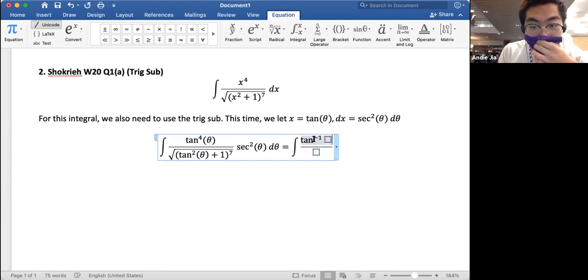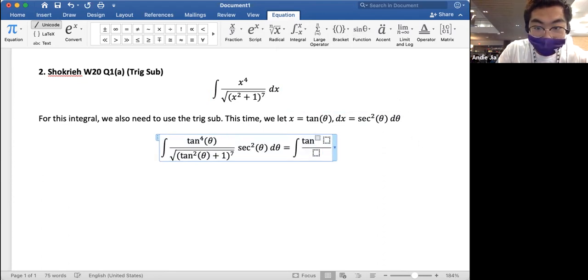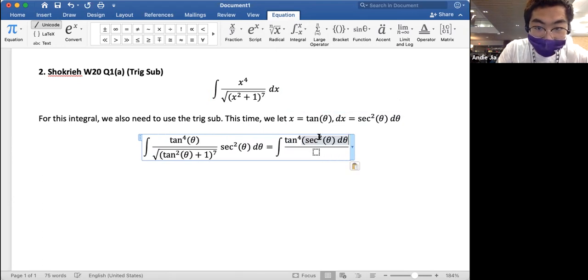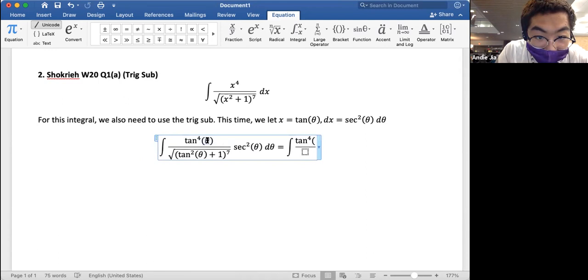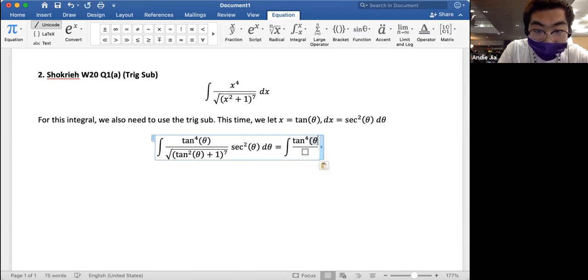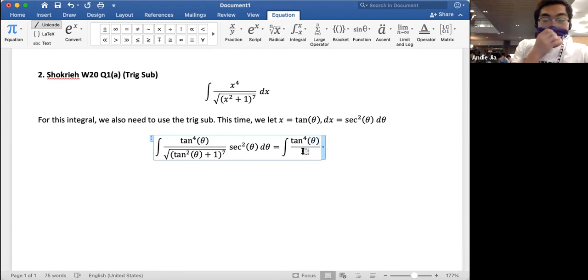So tangent to the 4th of theta, and the bottom is going to be secant to the 7th, like a square root.